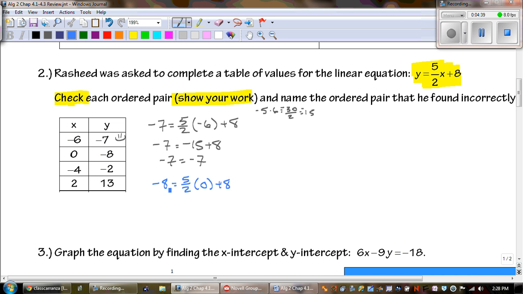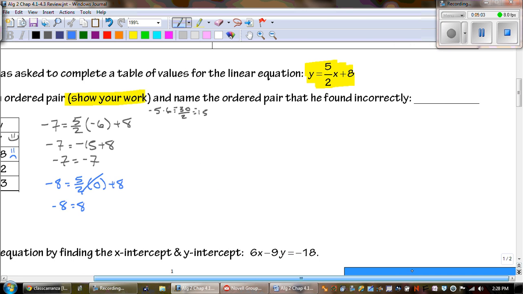So what's 5/2 times 0? 5/2 times 0 is 0, and we're left with -8 equals 8. Aww. That didn't work. Okay. So we found it, the incorrect pair, 0, -8.